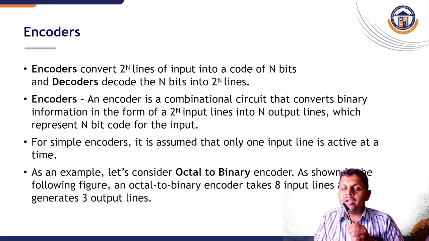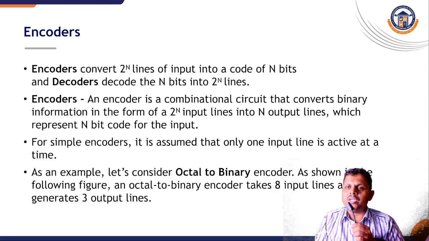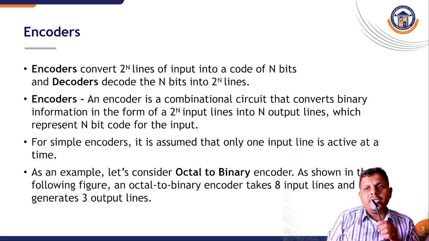For example, let us consider the octal to binary encoder. In an octal to binary encoder, 8 input lines are converted into 3 output lines. With 2 power n inputs, if n is 3, then 8 input lines are converted into 3 output lines.